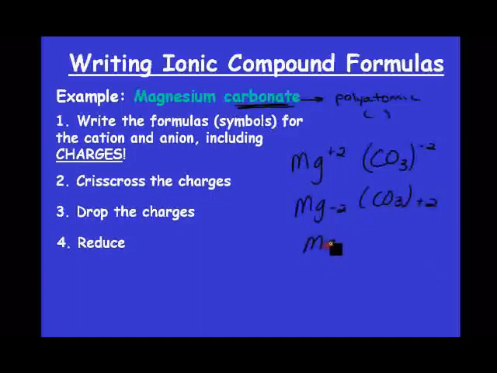Drop the signs, Mg2, CO3, 2, and reduce. So our 2 to 2 ratio reduces down to a 1 to 1. Since we only have one carbonate ion, we do not need the parentheses, so it's just MgCO3.